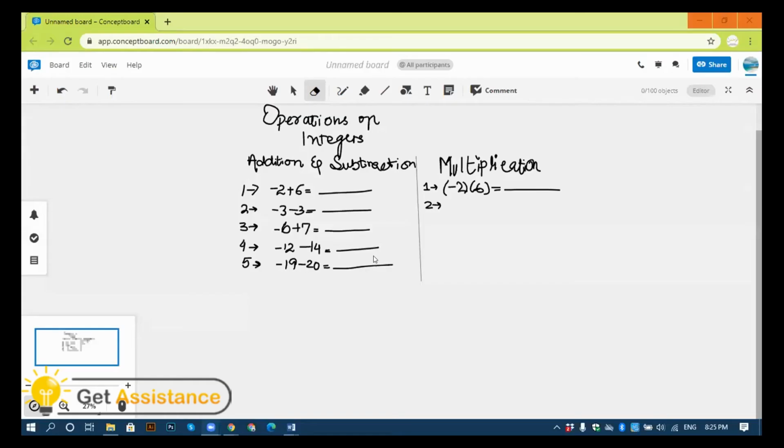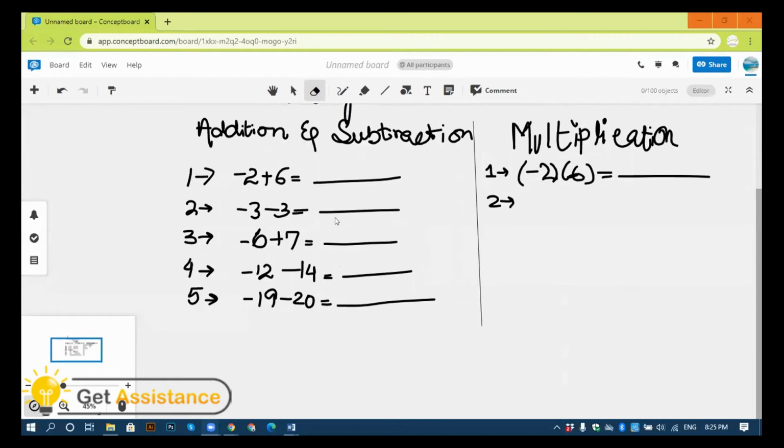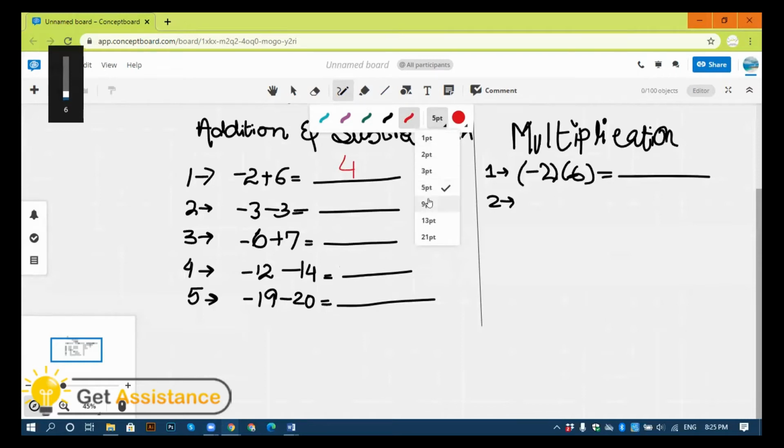So these are the questions which you did, and tell me the answers of it now. Okay. The first one is 4. The second one I had some problems, but I think it might be -6. Okay, that's good.